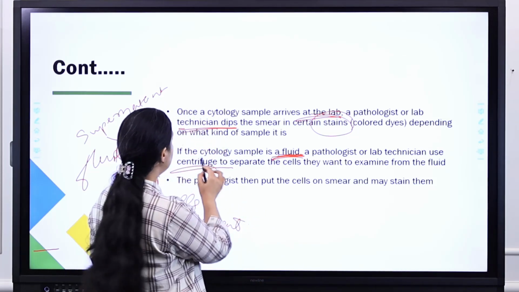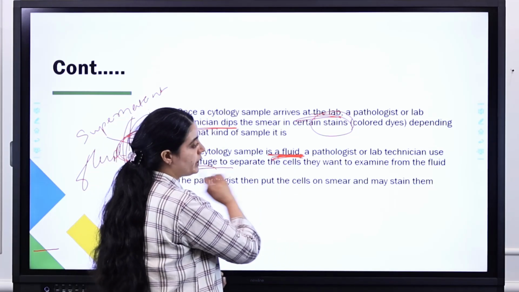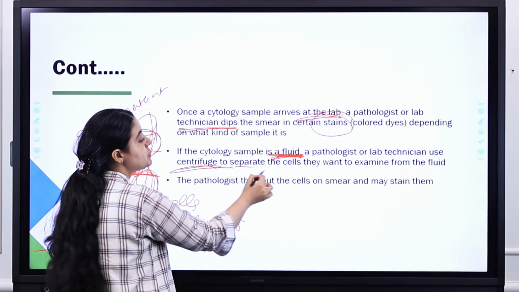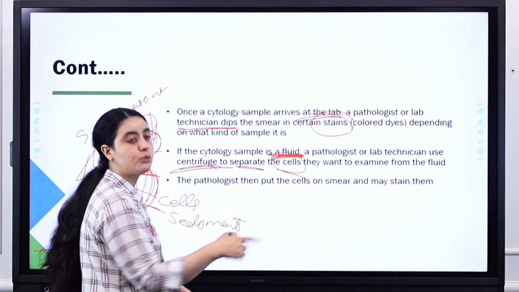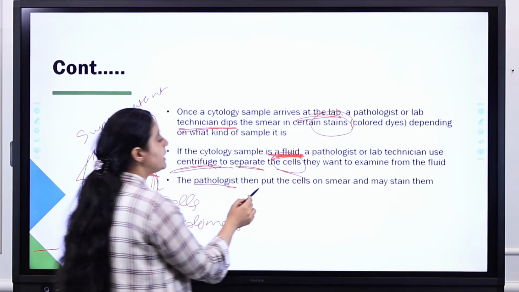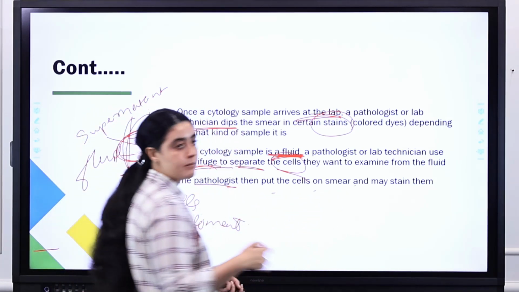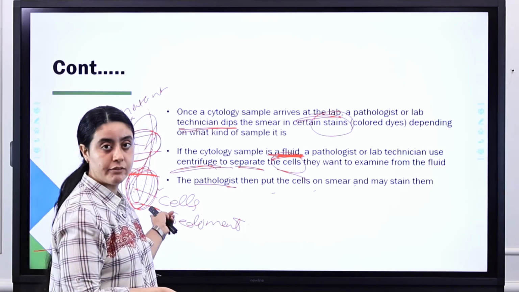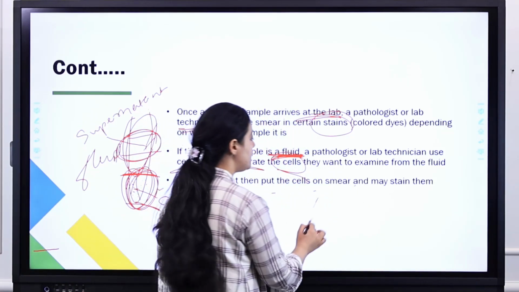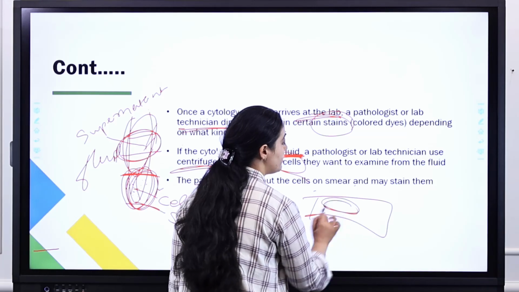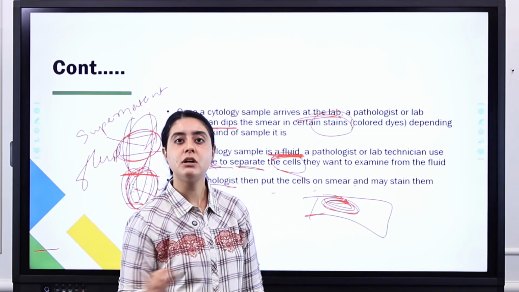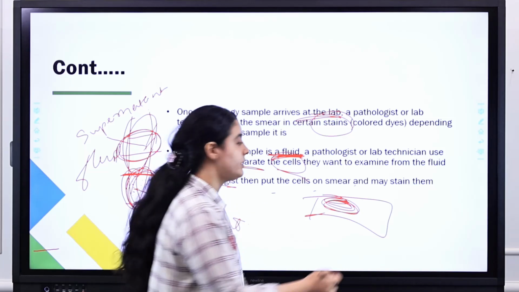Okay, so let's read it. If the cytology sample is a fluid, the pathologist or lab technician uses a centrifuge to separate the cells that they want to examine from the fluid. Now the pathologist will put the cells on a smear and stain them. When we collect our cells from the sediment, we can easily make a smear of these and then perform our staining.